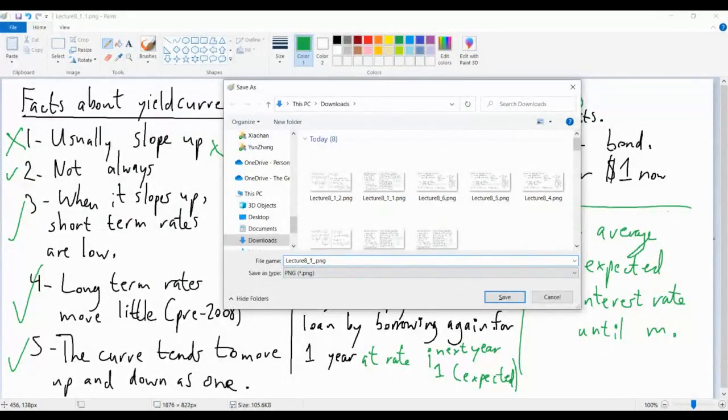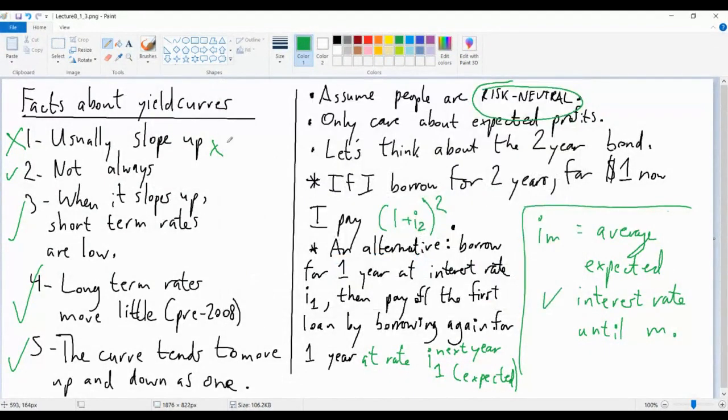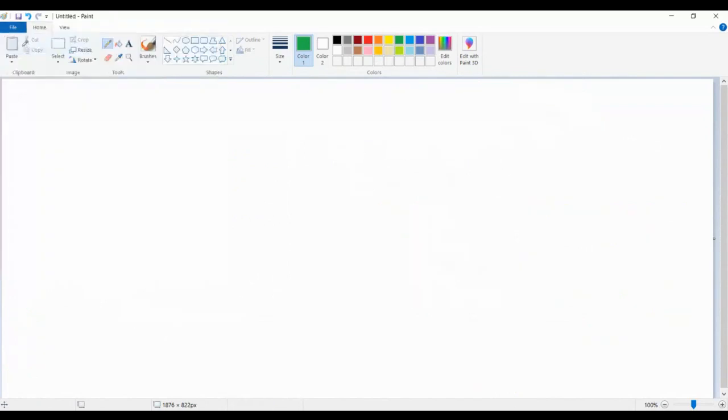I'm just going to save this, just in case. So now let's get rid of that assumption and assume, as we know in reality, that people, instead of being risk neutral, are risk averse. How is that going to help?